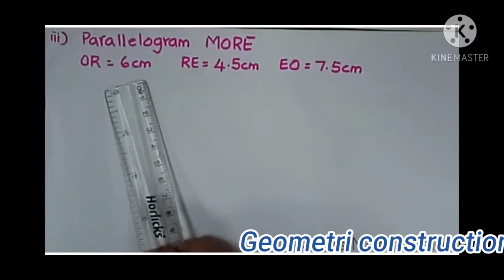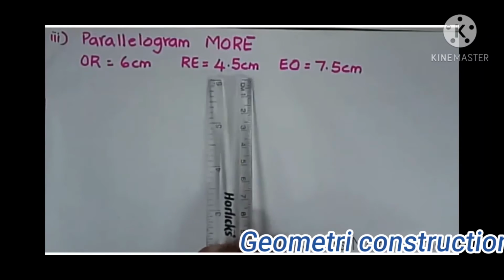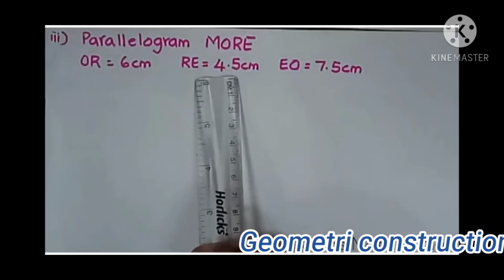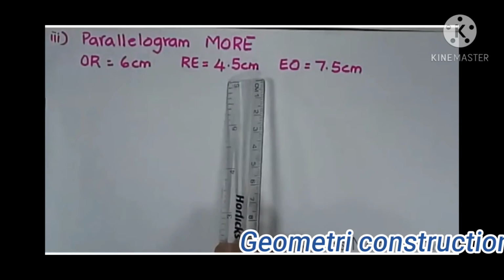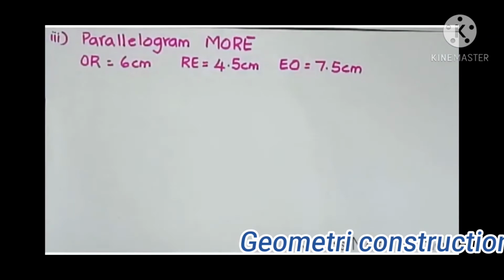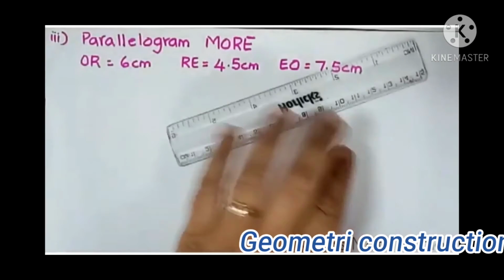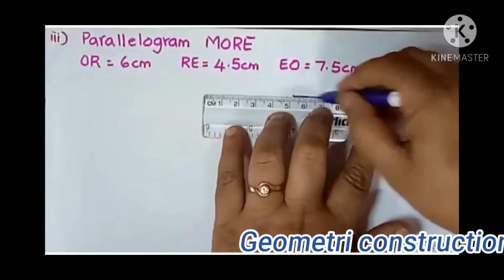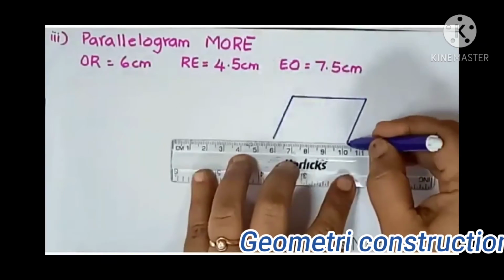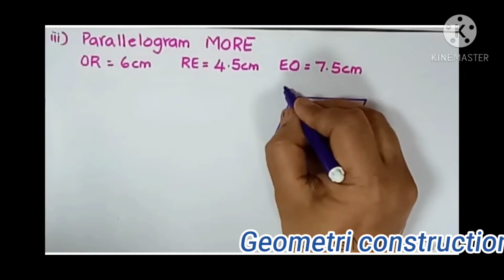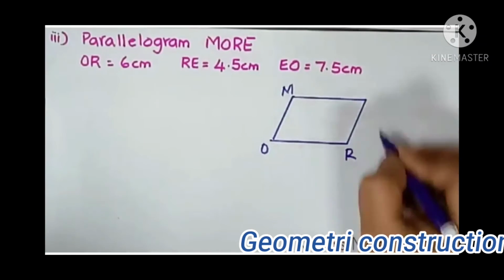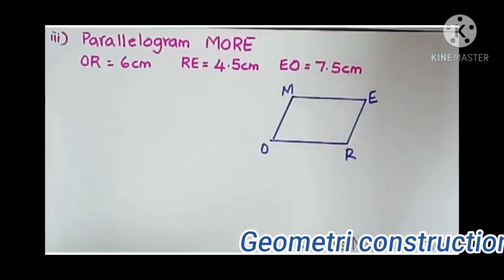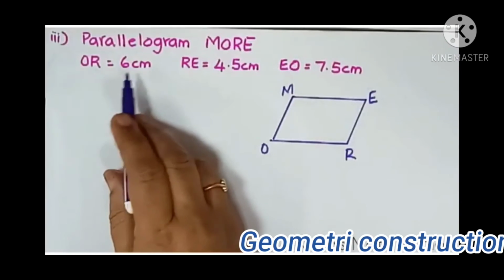Yes, my dears. First we have to take the rough sketch. Here RE is one side and OR is another side. EO is a diagonal. Let me draw the rough sketch of parallelogram MORE first, and they have given the measurements there.